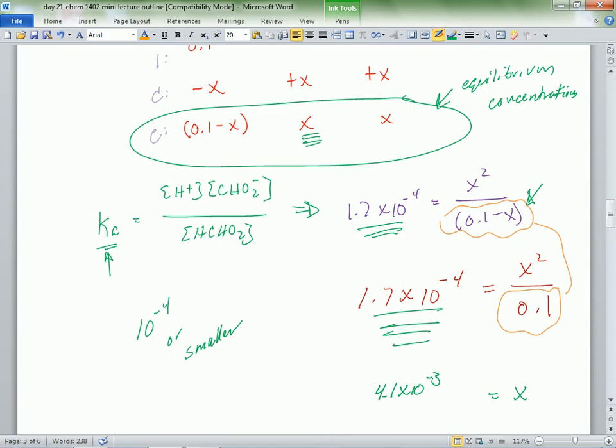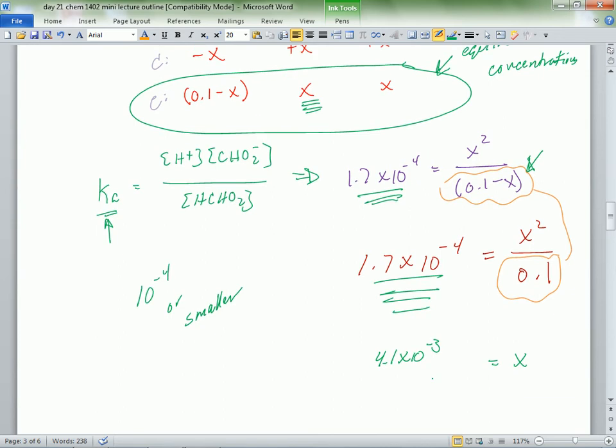Factor of 100 at least. So it's not bad. Okay. So this is what we're going to use for our x. So that's the game we're going to be playing. As long as we have a Ka that's 10 to the negative 4, negative 5, negative 6, we can make that step. Otherwise, ugly.